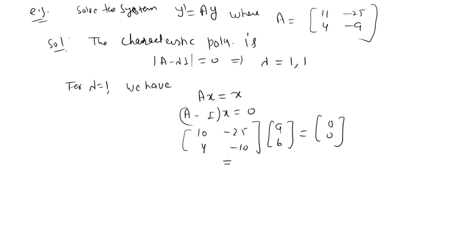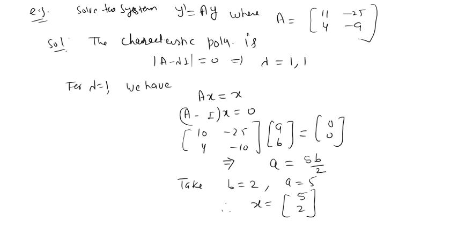From this you get a equal to 5b by 2. So you just take b equal to 2, so you have a equal to 5. So the eigenvector is 5, 2. And of course we are getting only one eigenvector here.